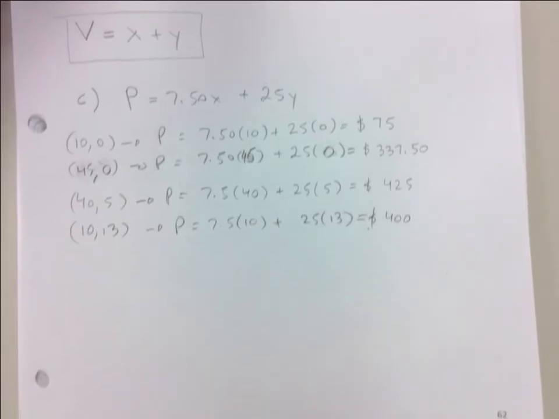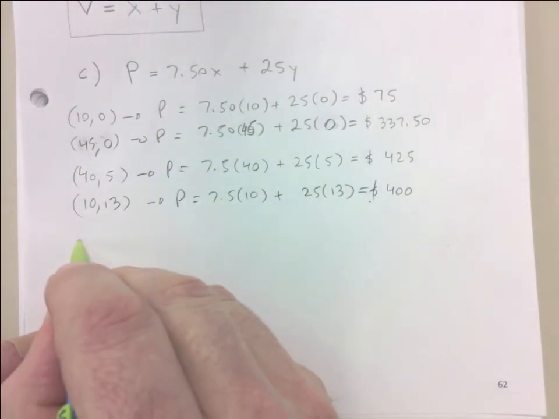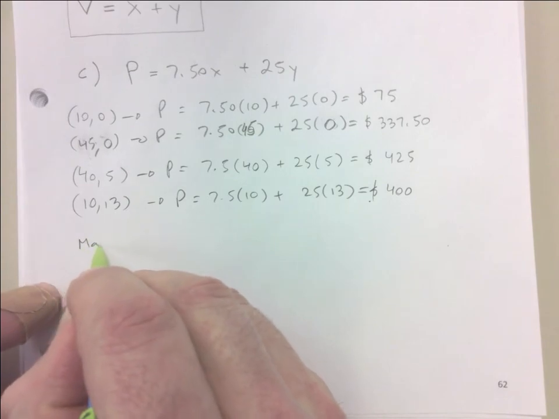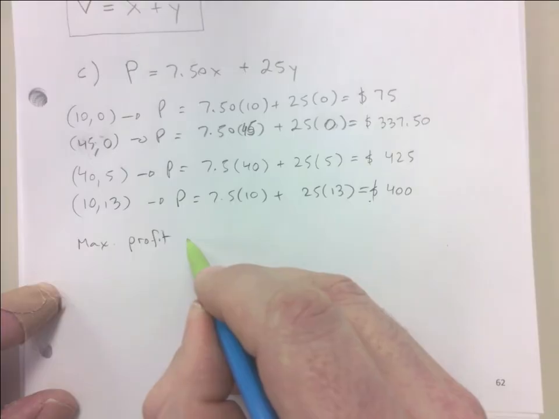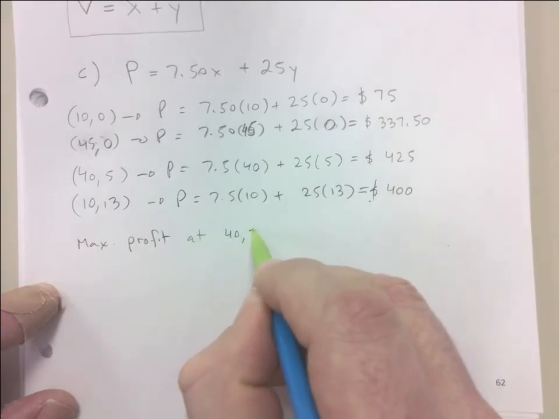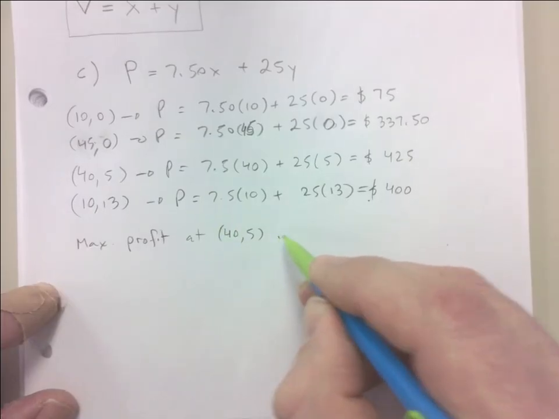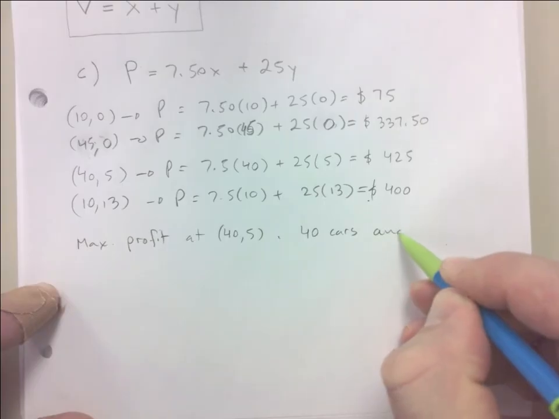So we will say this. The maximum profit at 40, 5, 40 cars and 5 buses.